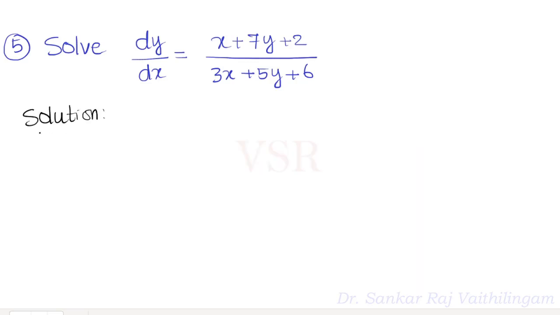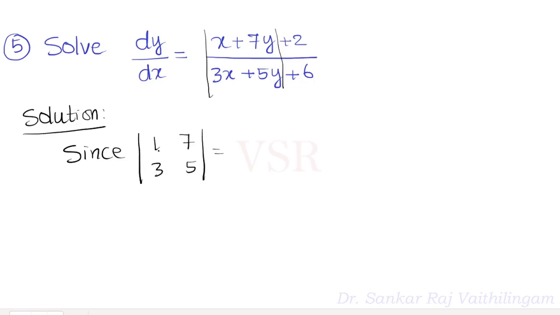Okay, so what is the matrix? This is the matrix: 1 7, 3 5, which is equal to 5 minus 21, which is equal to minus 16. So this is not equal to 0.